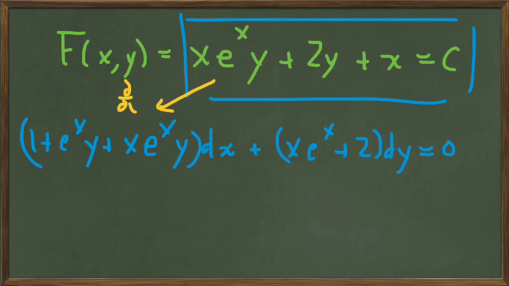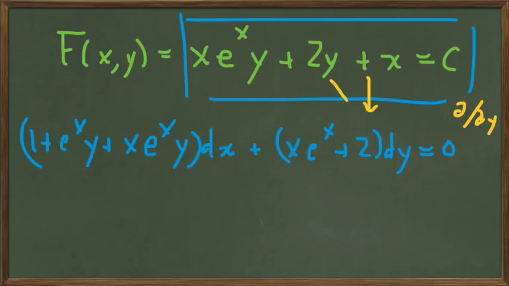And if we take the partial of this solution with respect to y, the 2y clearly goes to the 2, the x goes to a 0, and when we take the partial of this term with respect to y, we just get the constant part of it, because the partial of y is 1, and we get that.